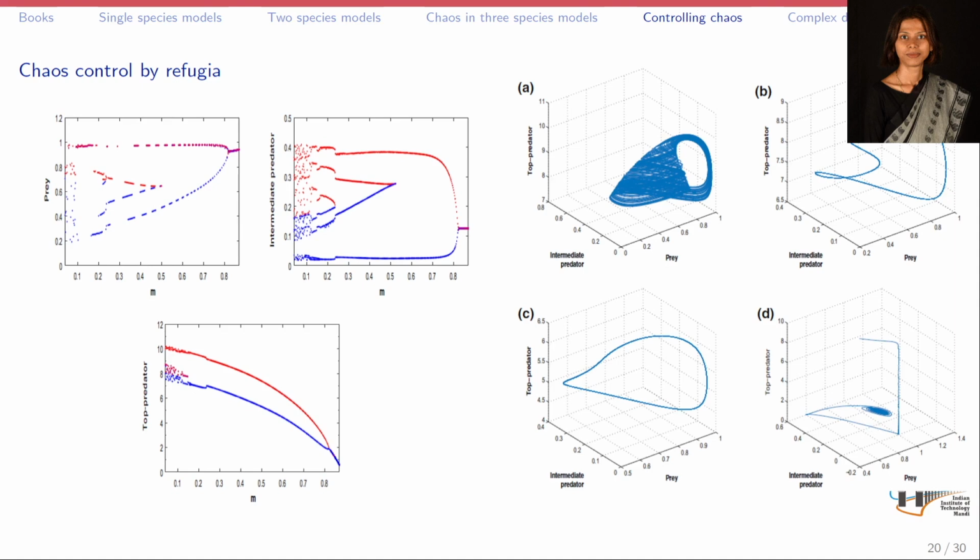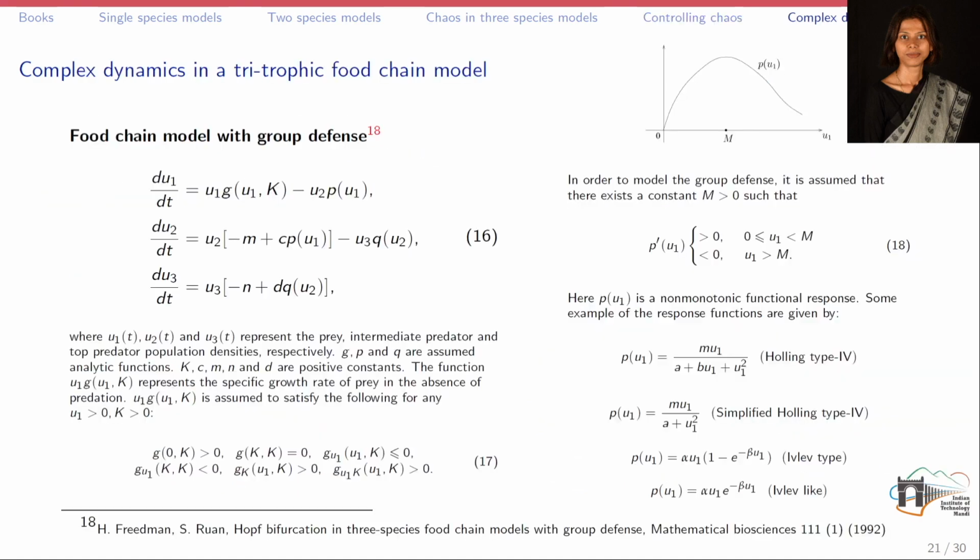So what is seen here is that both refugia and allele effect can significantly impact chaos control in the mathematical model. They can actually cause control of chaos if chaos is present in the model system.